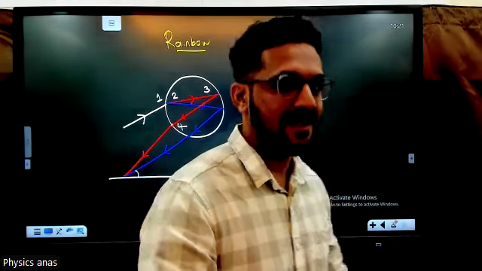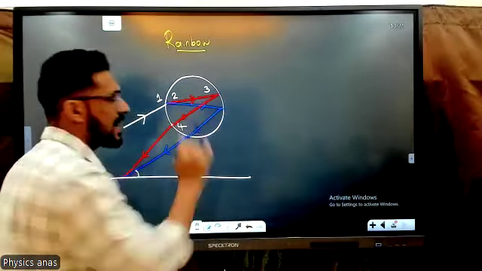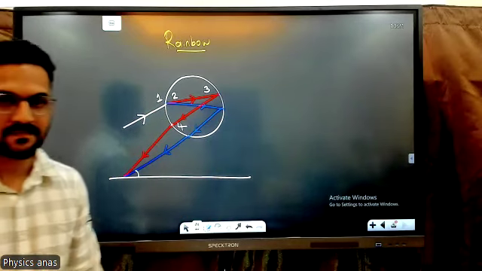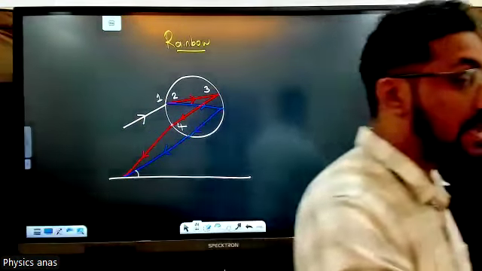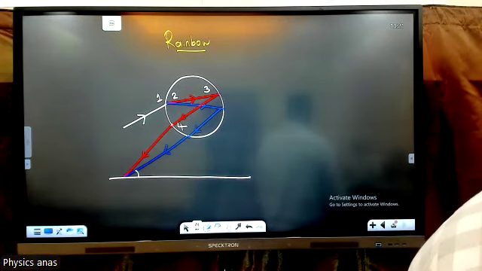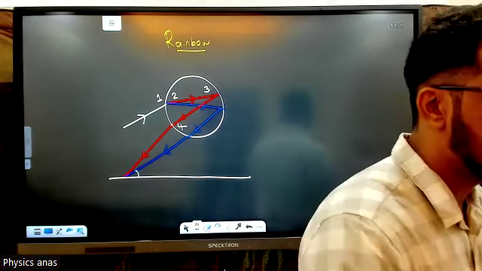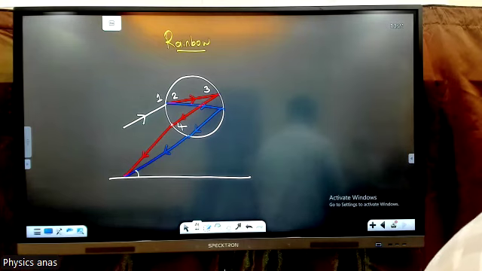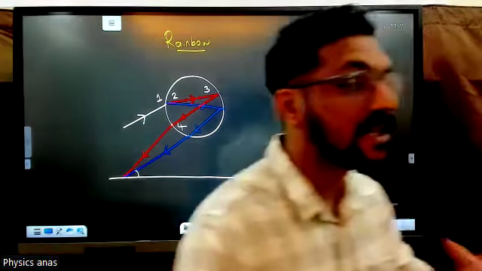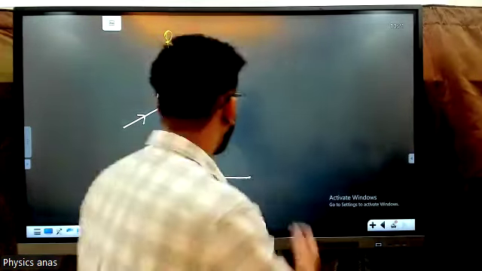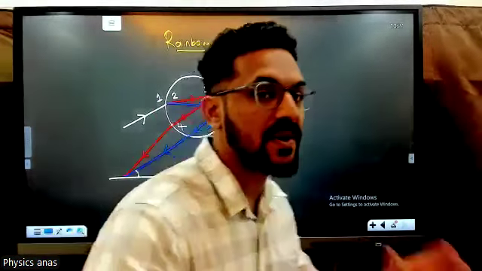Got it? Each color will be refracting at different angles. Red will have a different angle than orange. Orange will have a different angle than yellow. So they will be coming out at different angles.